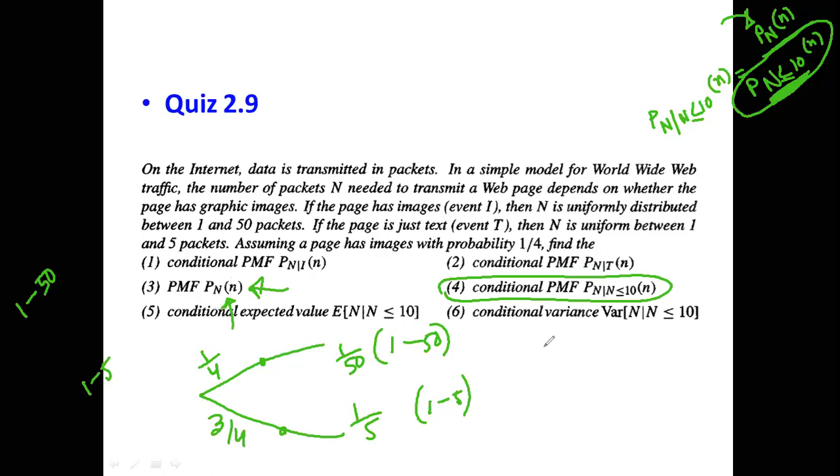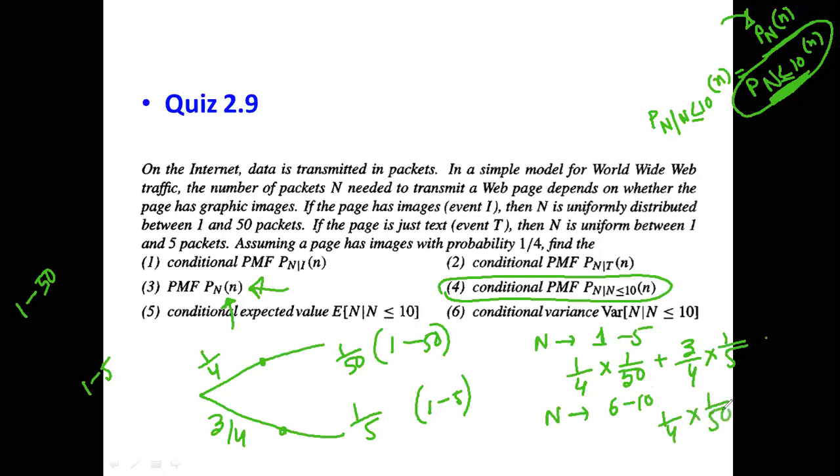Okay, now we should be able to find out, because if the n value is from 1 to 5, then we can write it as 1 by 4 into 1 by 50 plus 3 by 4 into 1 by 5, and when n is 6 to 10, then it will be 1 by 4 into 1 by 50 plus this is 0, isn't it?